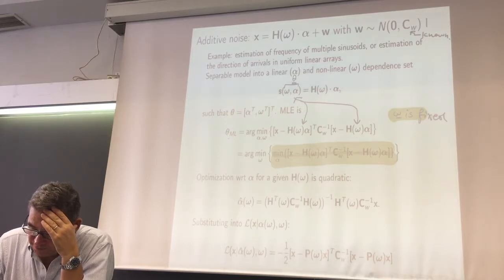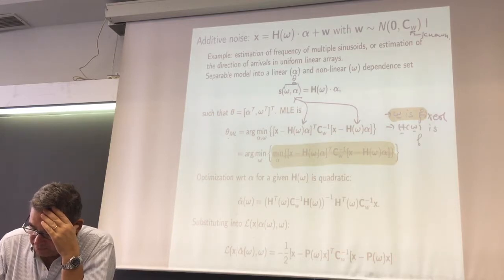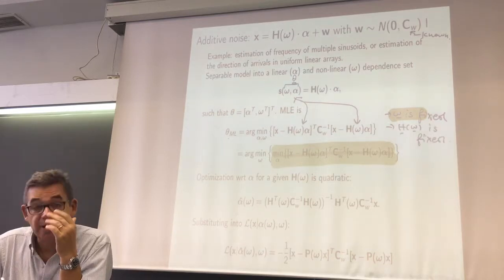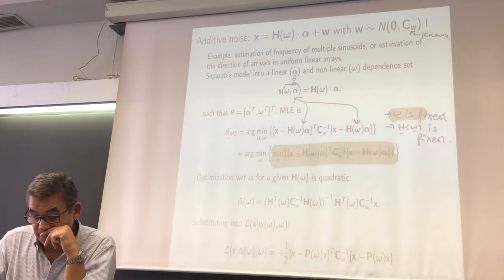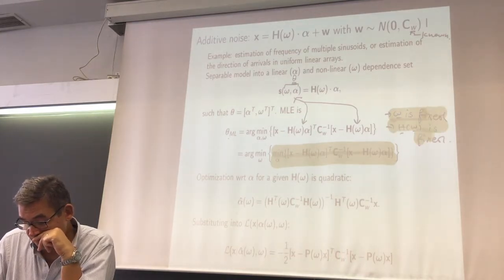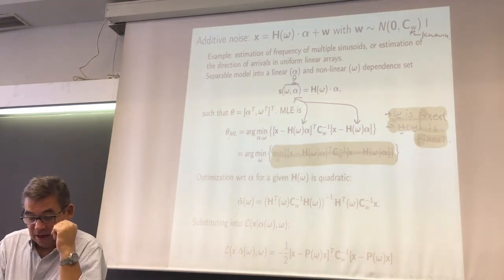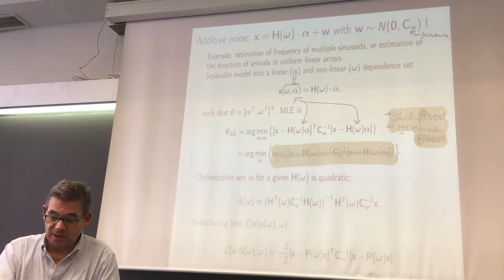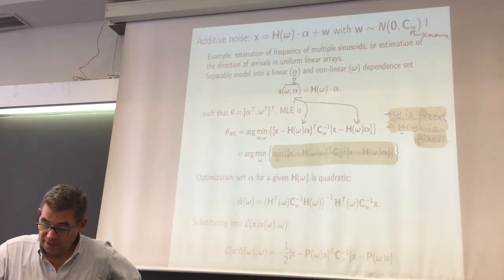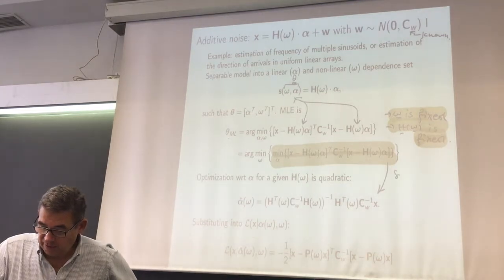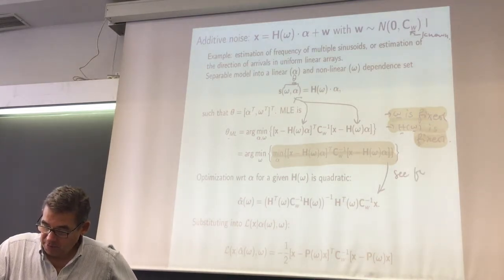Since omega is fixed, means h omega is fixed. Okay? So I minimize that, and the minimization for that is the previous problem.